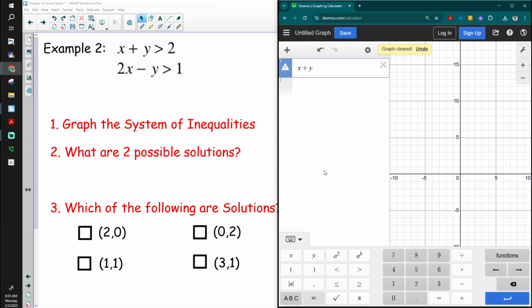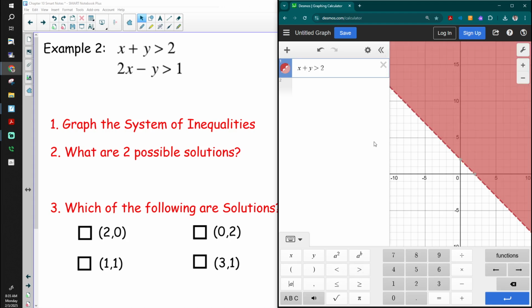X plus y is greater than 2. 2x minus y is greater than 1.